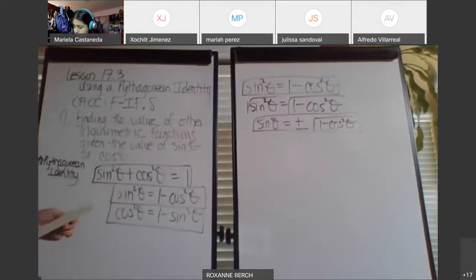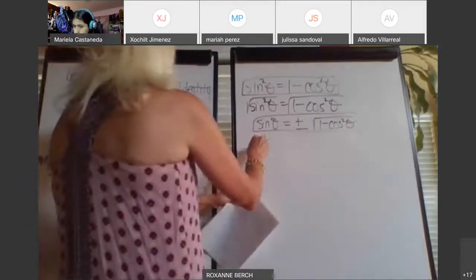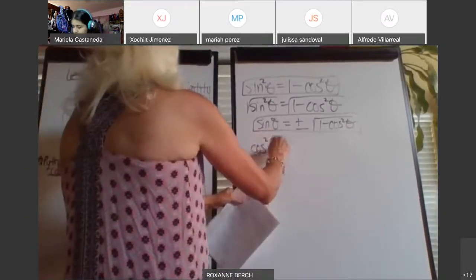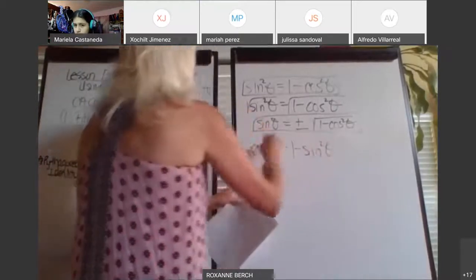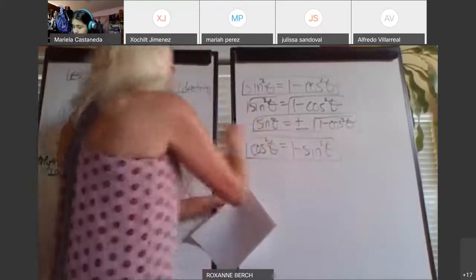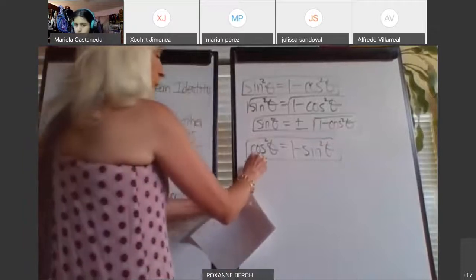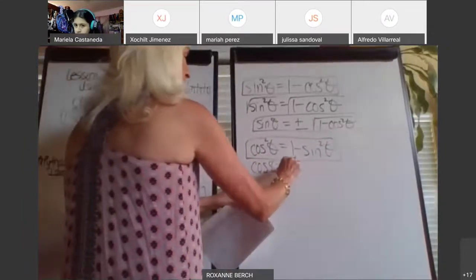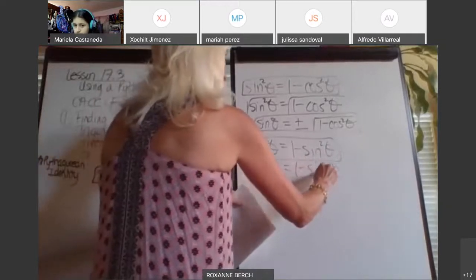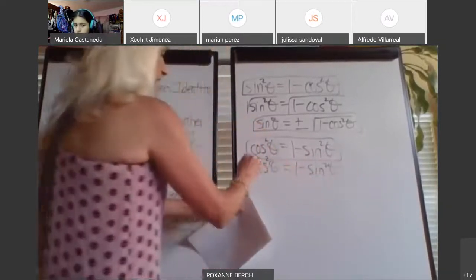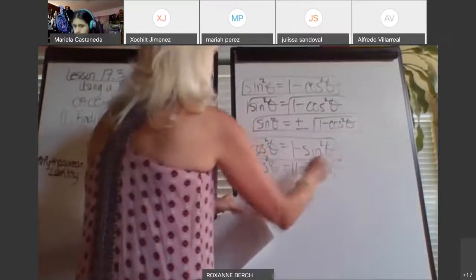Same thing with cosine. So you have cosine squared theta equals 1 minus sine squared theta. That's what they're using in pre-calc. If you want to come up with cosine for these problems we're going to do today, take the square root of both sides.